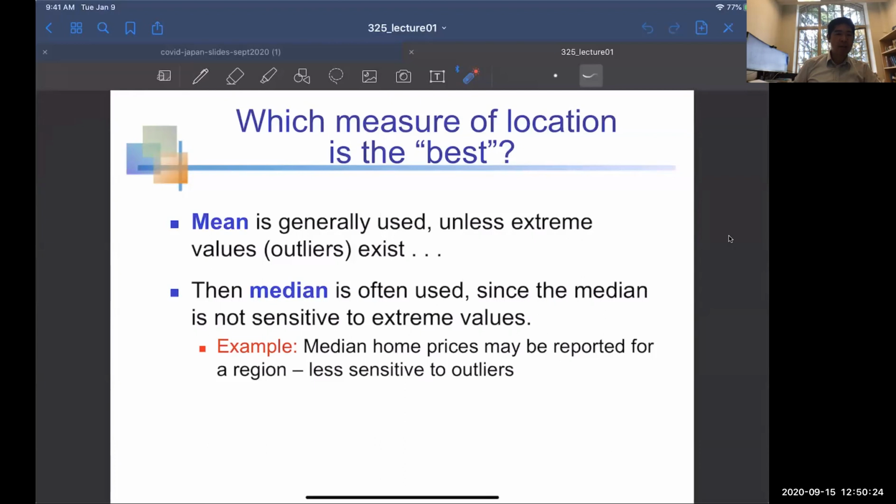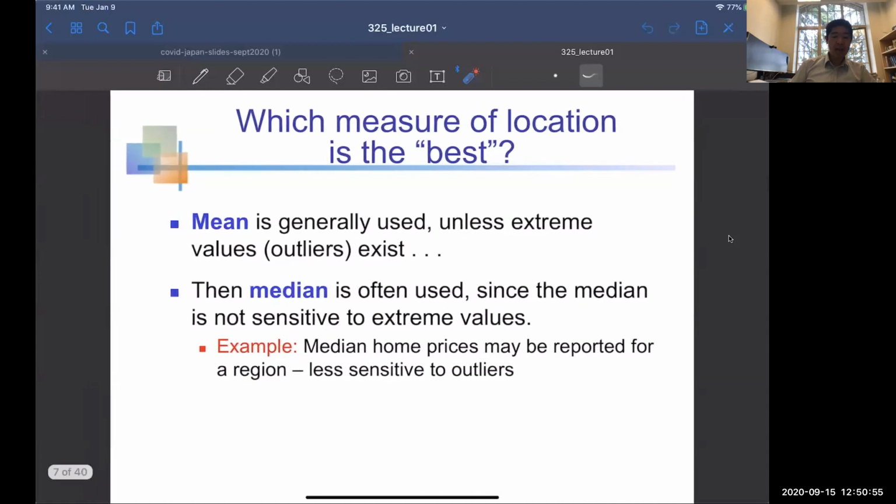Those are things you have to do simultaneously. The mean is generally used, but you have to ask yourself whether extreme values could exist in the context. The median is often also used because it is not sensitive to the presence of outliers.